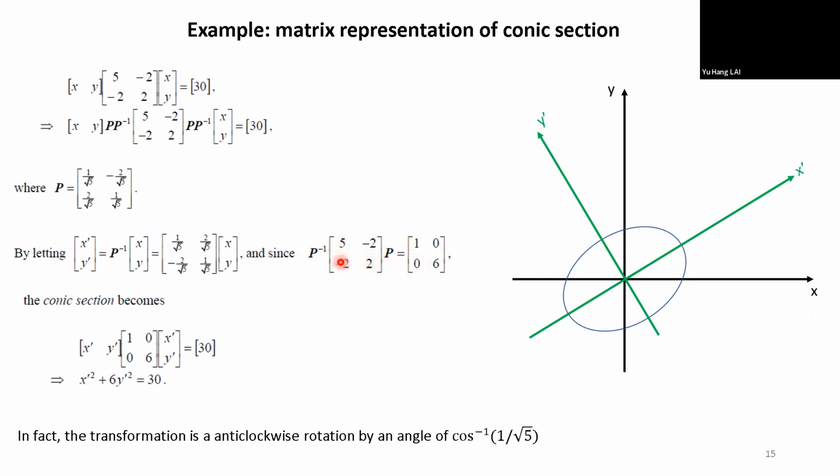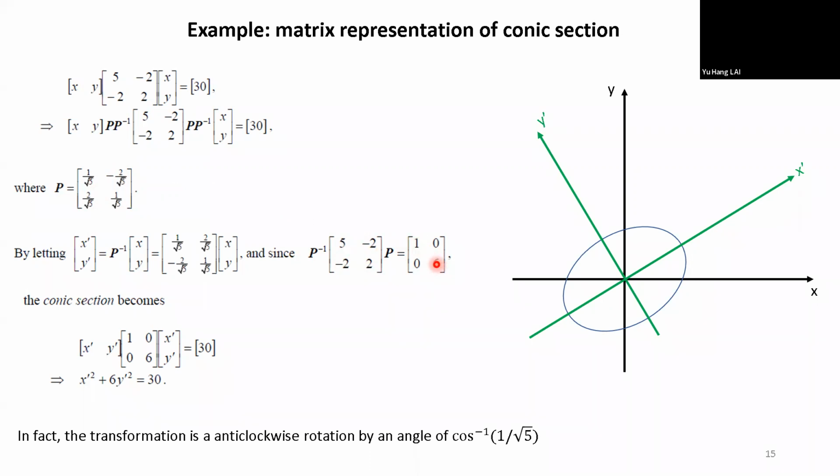And remember that this P is a matrix that is constructed by the two eigenvectors of this matrix. So this is the first eigenvector, and this is the second eigenvector of this matrix. And of course, this is the first eigenvalue, and this is the second eigenvalue.